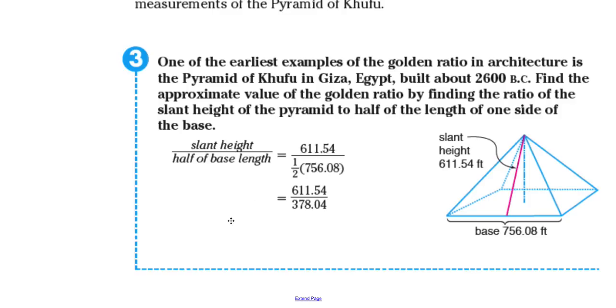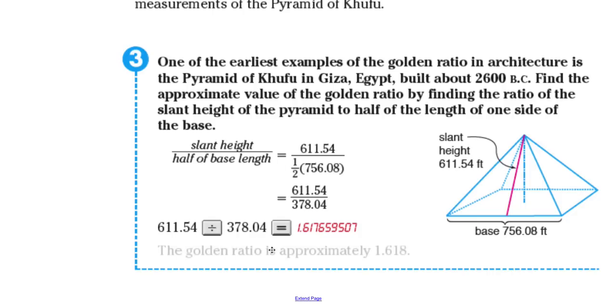Using a calculator, you end up with 1.617659507. So this is the approximate value of the golden ratio, 1.618. If you have a ratio that is equal to 1.618, that is considered to be the golden ratio.